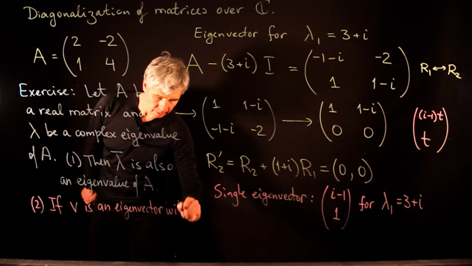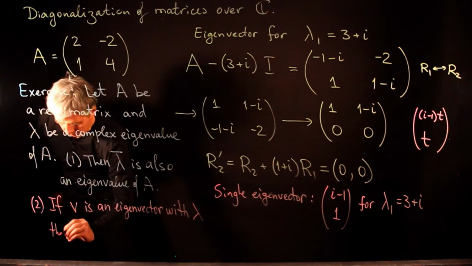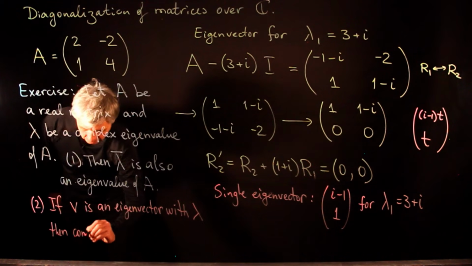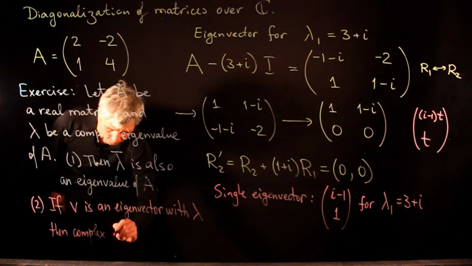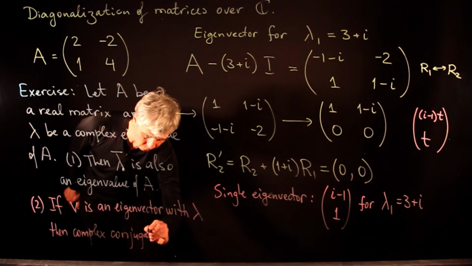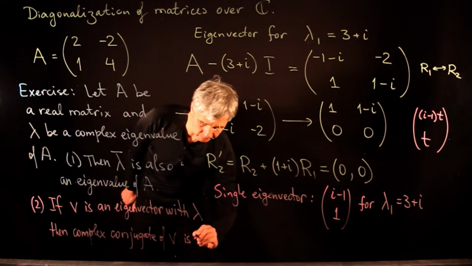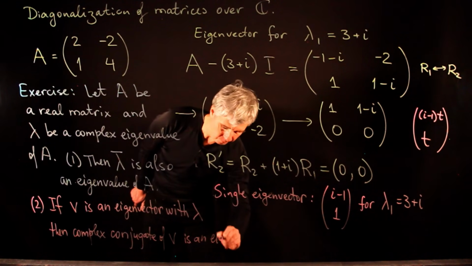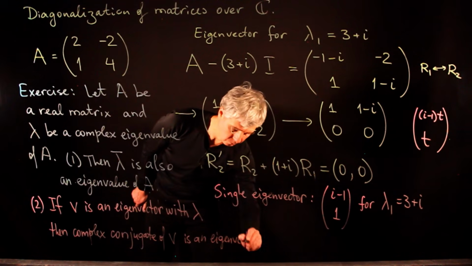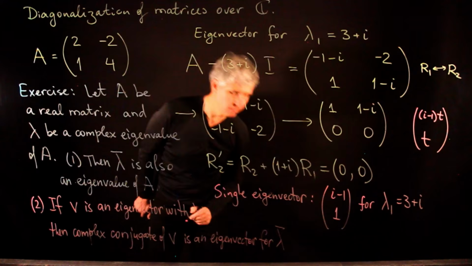And the second part: if v is an eigenvector with eigenvalue lambda, then the complex conjugate of v is an eigenvector for eigenvalue lambda bar.